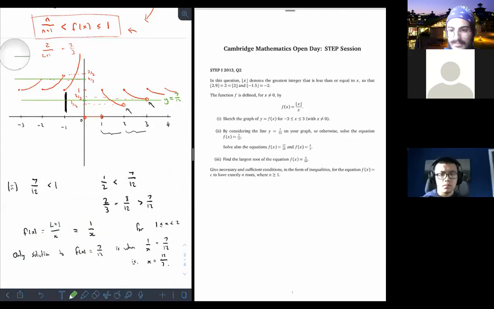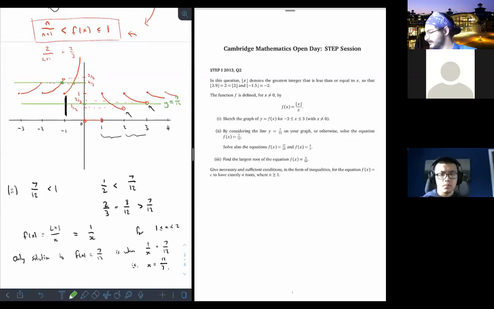will be for that point onwards, which I think is minus 3 over 2. So we should have an intersection in this region, and also, no, because my graph is actually wrong.